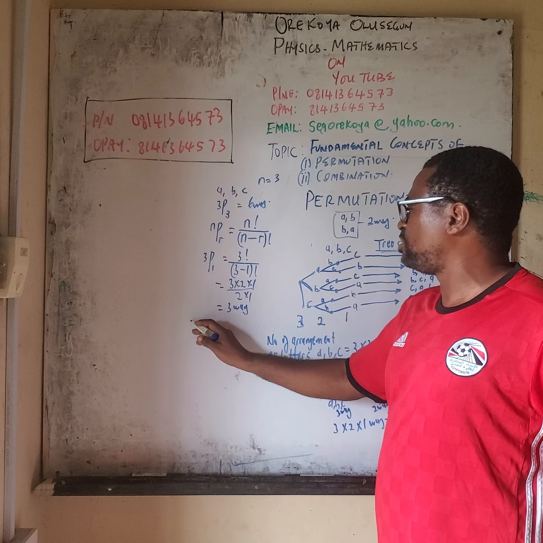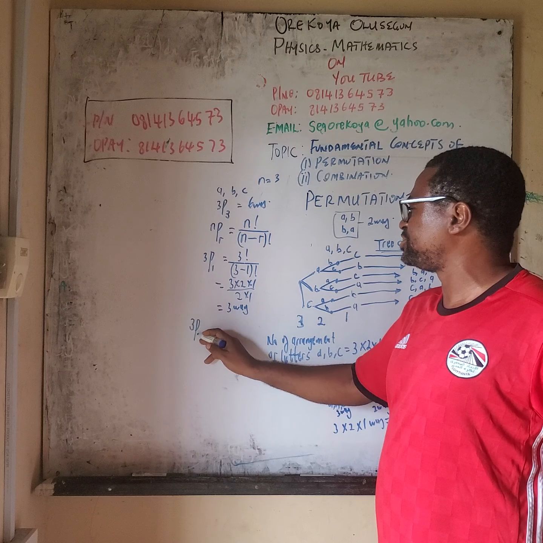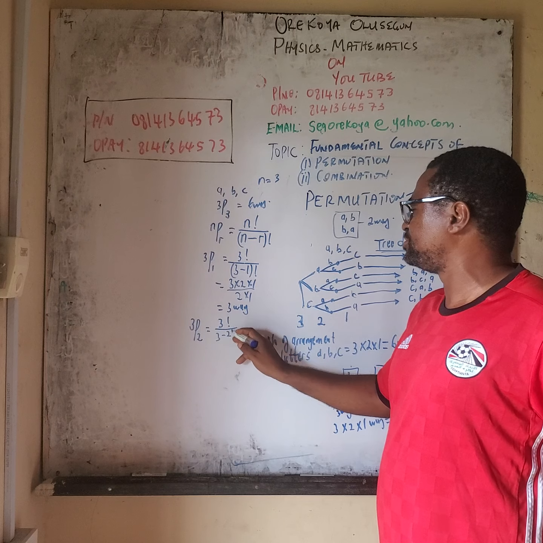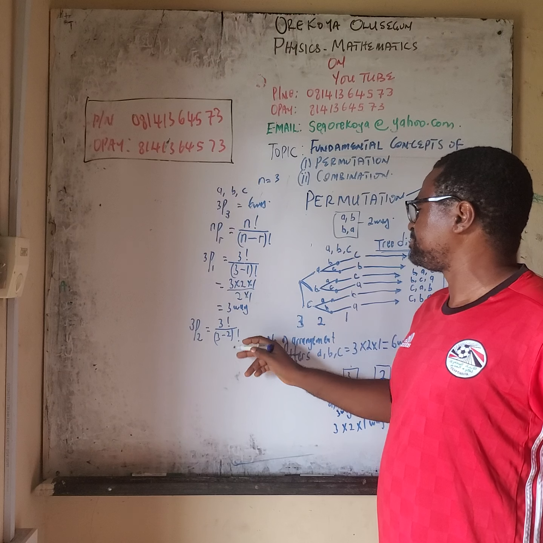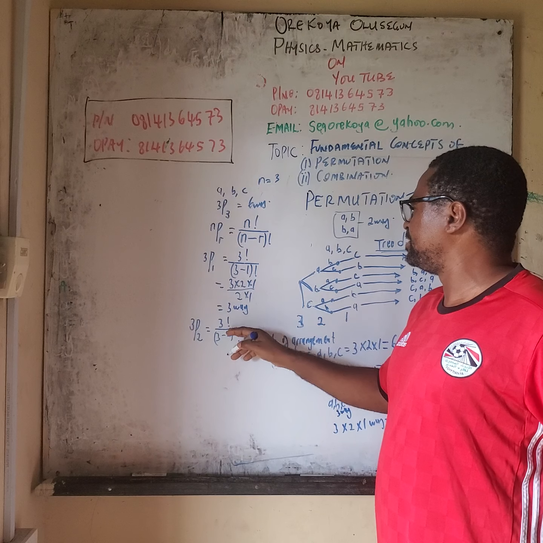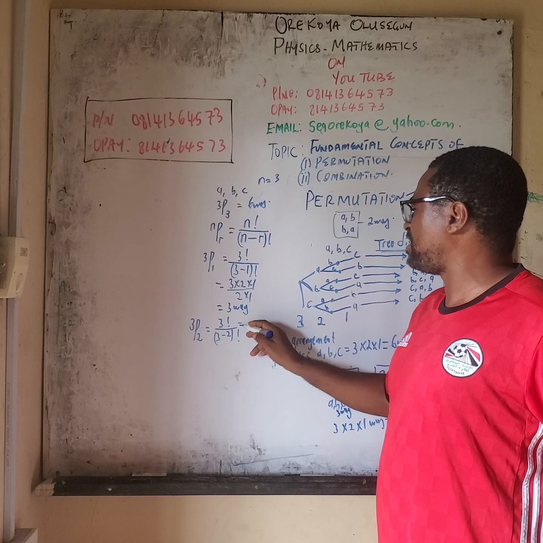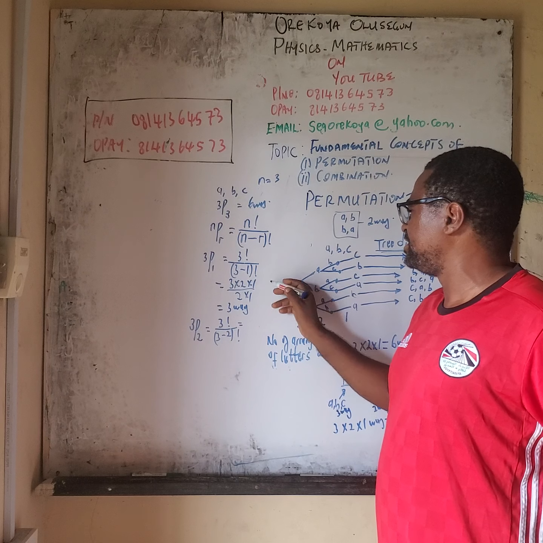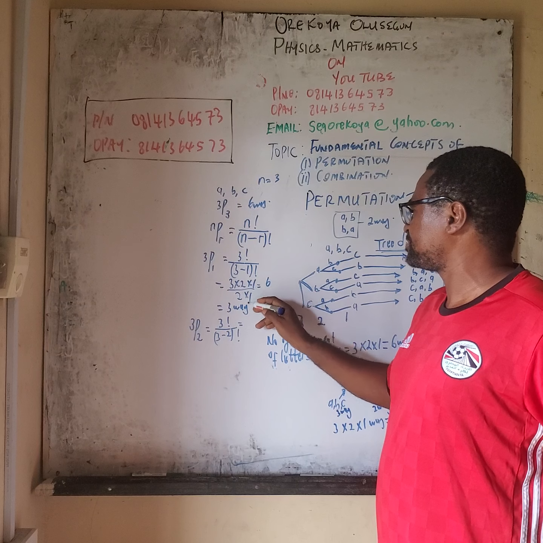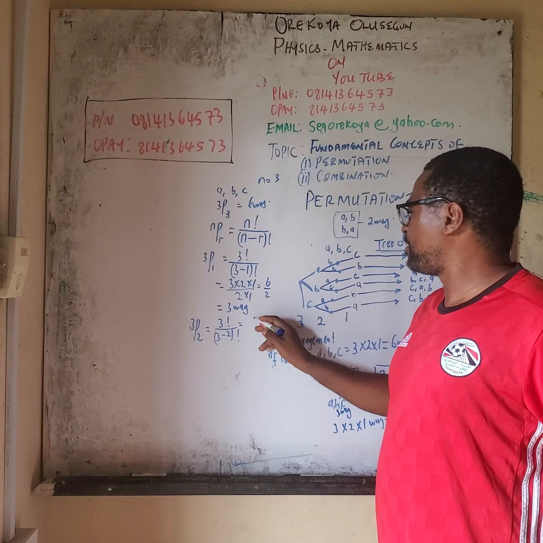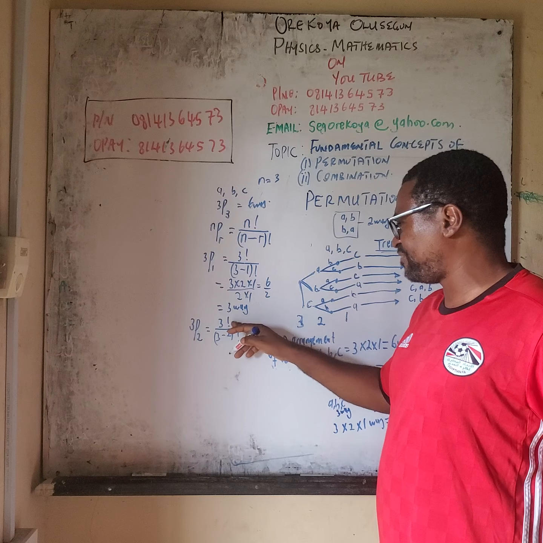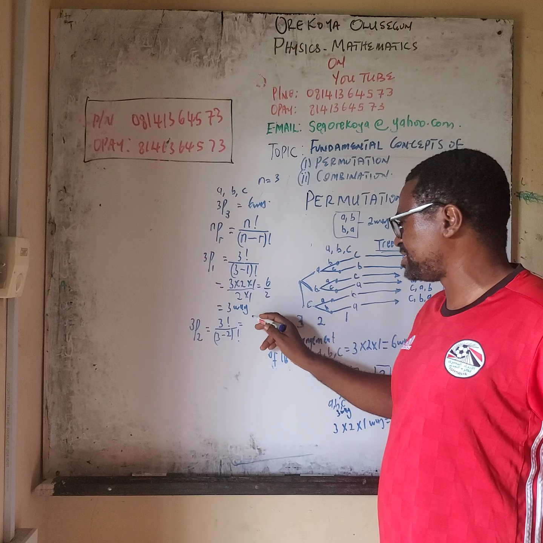If I'm picking 2 objects at a time, I'll write 3 permutation 2, which is 3 factorial all over 3 minus 2 factorial. So 3 minus 2 is 1, and 1 factorial is 1. 3 factorial is 3 times 2 times 1, which is 6 ways.